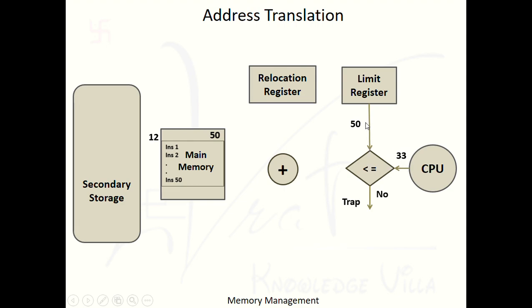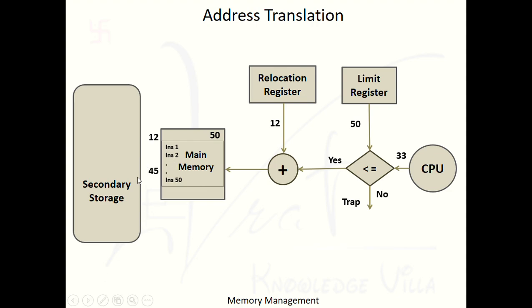So it will go ahead to the relocation register, which will add its own value. What is the starting address? The starting address is 12, so we store 12 in the relocation register. So 12 is added to 33, making the summation 33 plus 12. Then the instruction is fetched from main memory. Actually, which instruction is fetched?